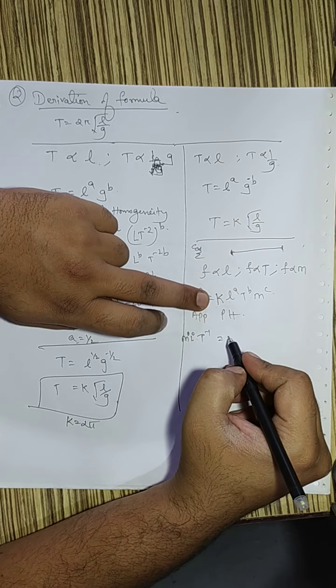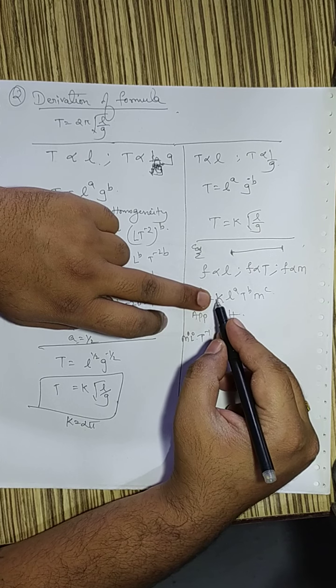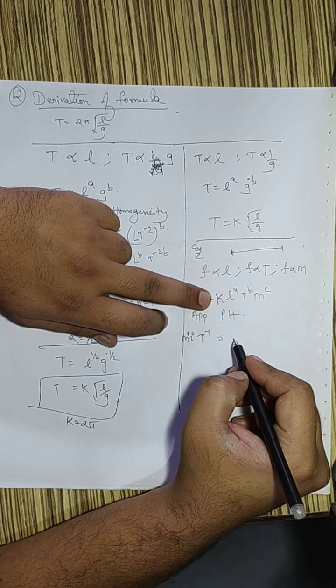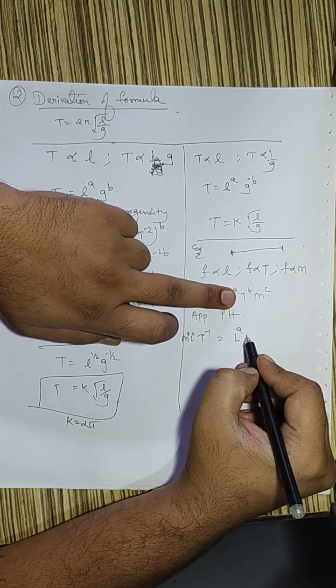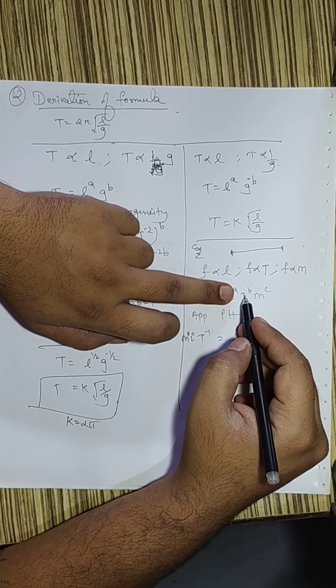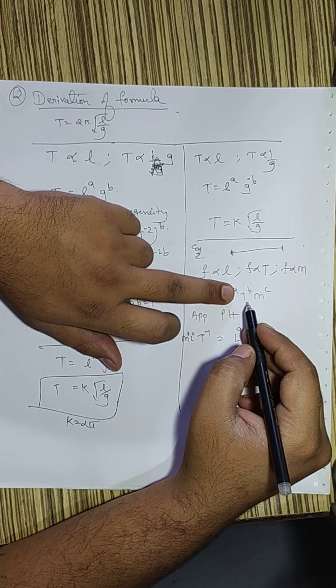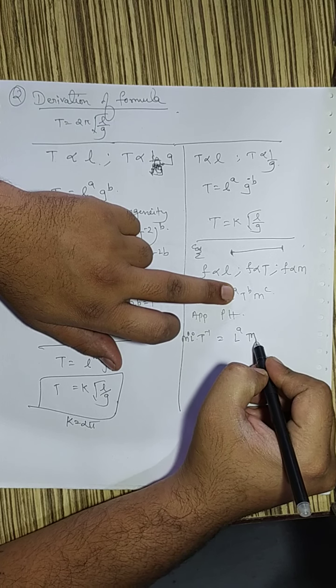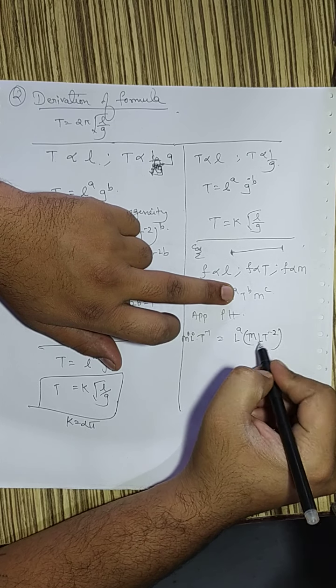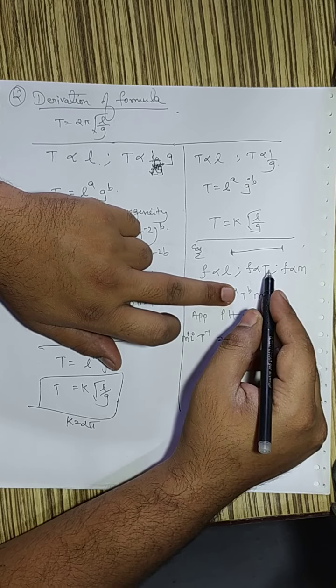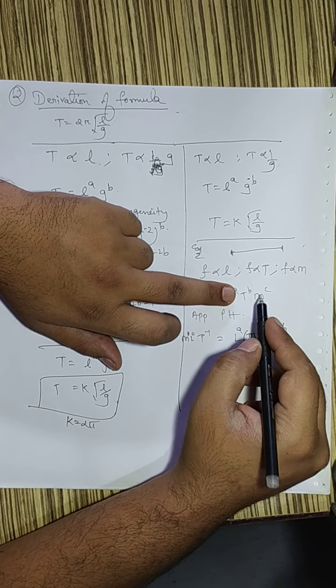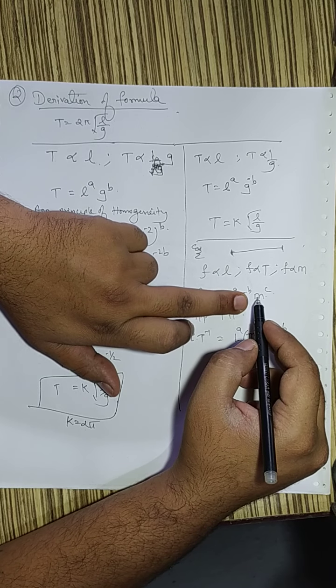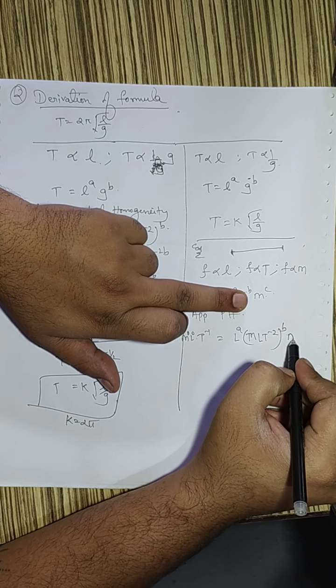On the right hand side, K does not have any dimension, it is a numerical constant. L to the power A, T is tension, tension is force, force will be MLT^(-2), to the power B. Don't take it as time. And this is the mass of the string, so M to the power C.